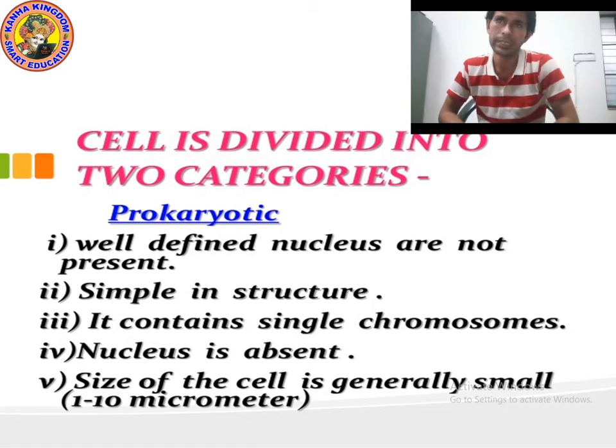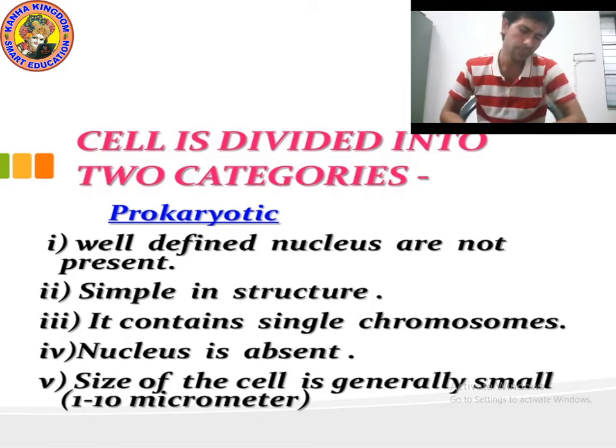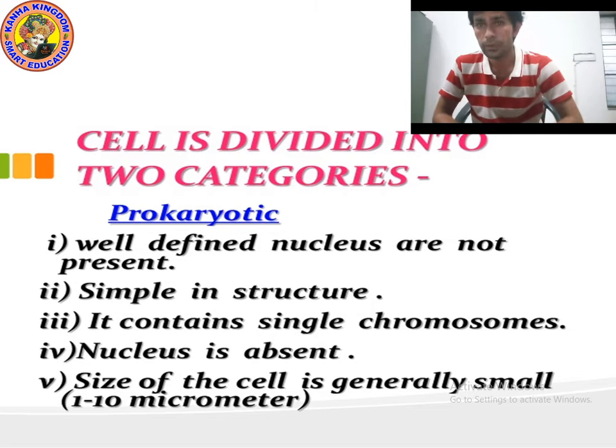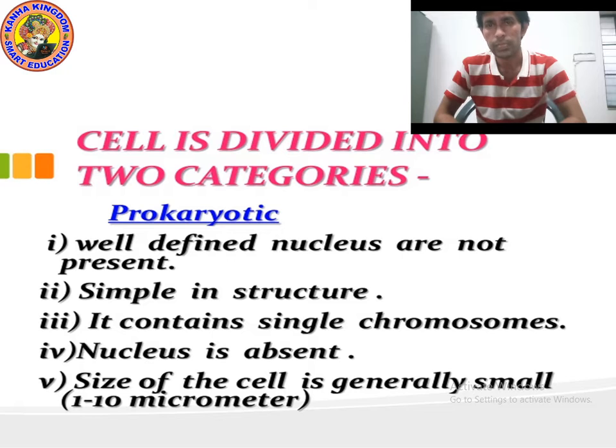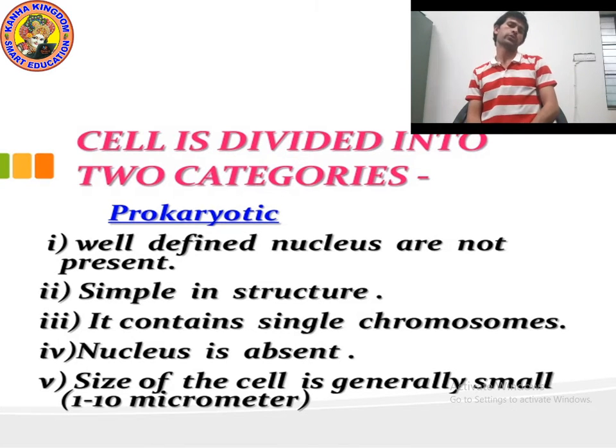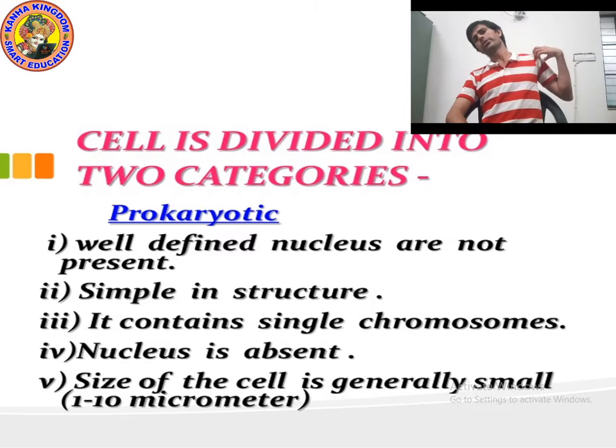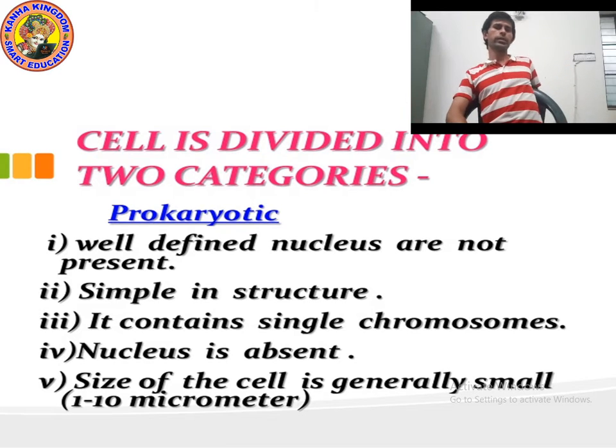Now, on the basis of presence or absence of a nucleus, we can divide the cell into two categories. First is prokaryotic, second is eukaryotic.